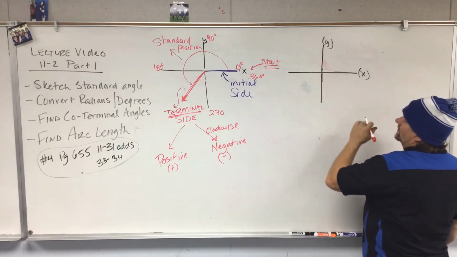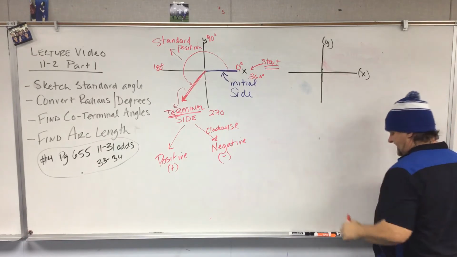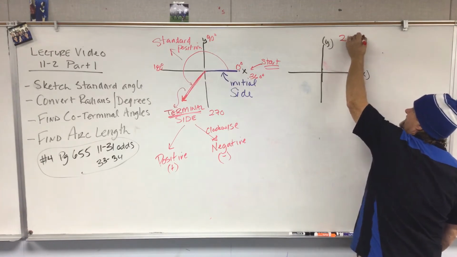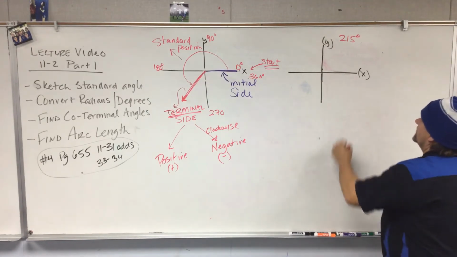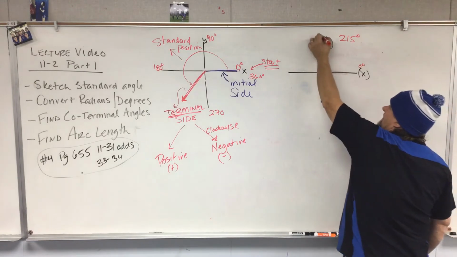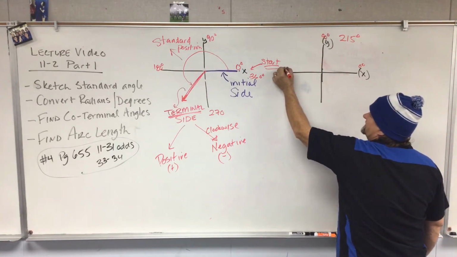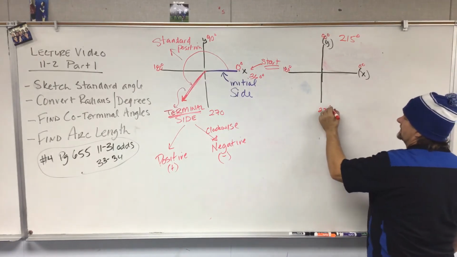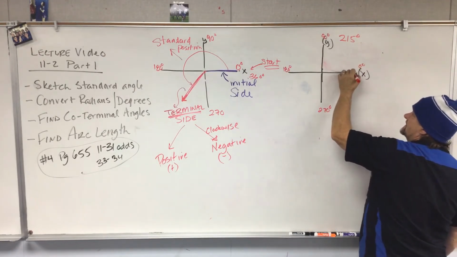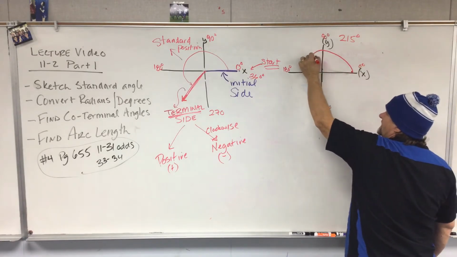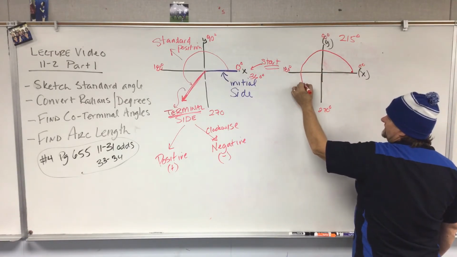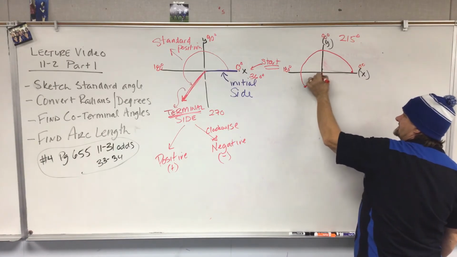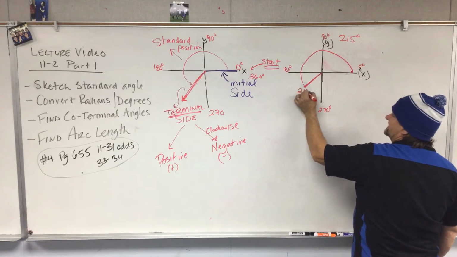So we start here always, and it says I wanted to do 215 degrees. So I know that it starts at 0 degrees, it goes to 90 degrees, and this goes to 180 degrees, and this is 270 degrees. So 215 is going to go past 90, past 180, and a little bit past there. And that is my standard angle of 215 degrees.